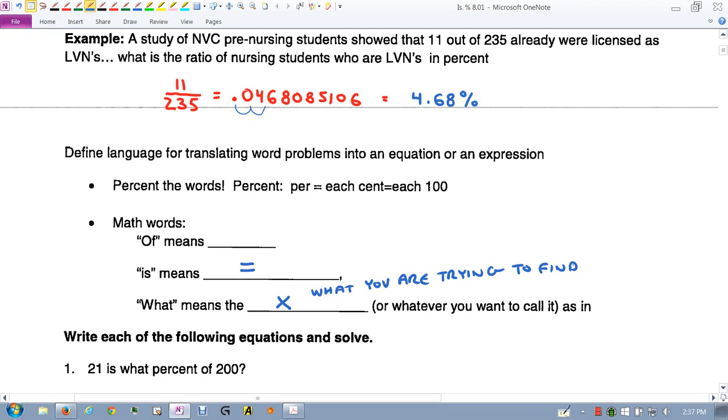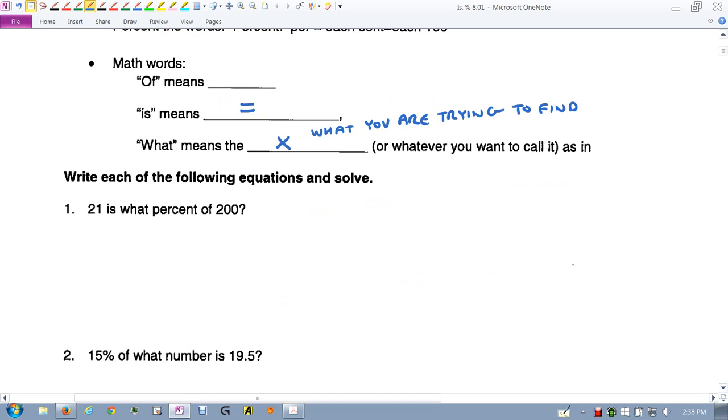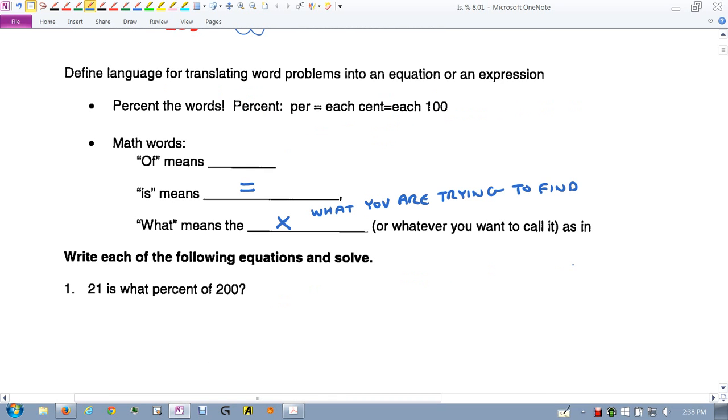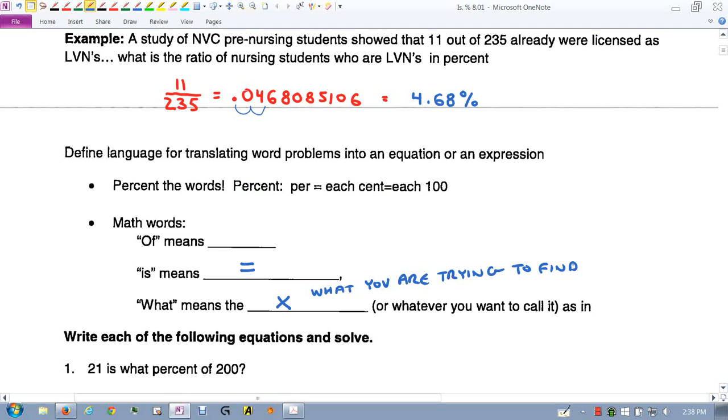X is the standard one. So, go back to of. It's not a letter, it's not a variable. Of is multiplication.